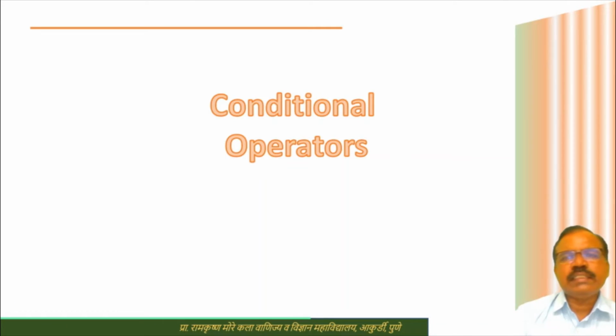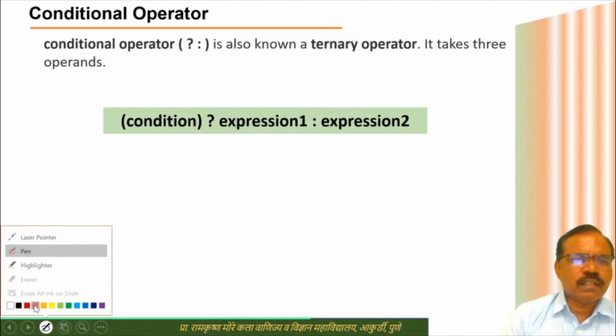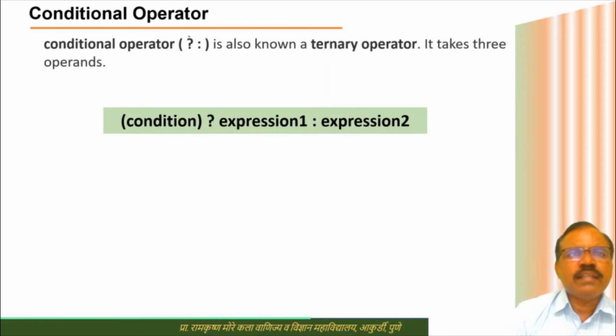Now, we will go to the conditional operator. We have the conditional operator and it is a ternary operator, written using the symbols question mark and colon, and it requires 3 operands.